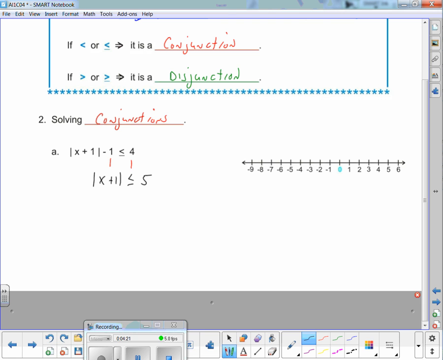Is our ab ISO'd? Yes. What does our inequality symbol tell us? It tells us it's a conjunction. Less than or equal to are conjunctions. Good. I need to know that information.